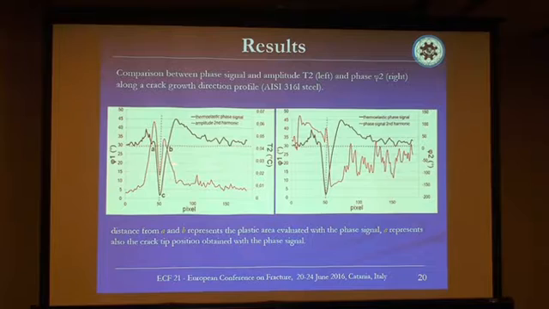We investigated this behavior for the stainless steel, and we notice a difference in the evaluation of the crack tip position of about 0.2 millimeters, because considering Phi1, this point would be considered the crack tip position, and instead considering the T2 component, probably we have to consider the minimum value of the component.